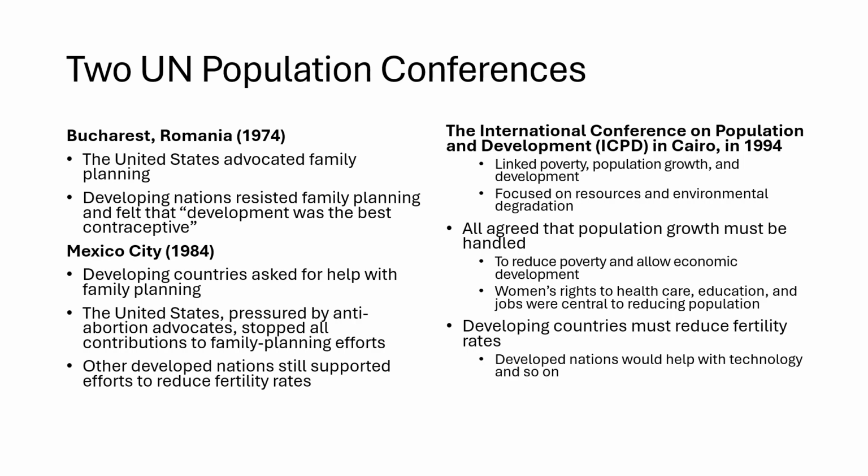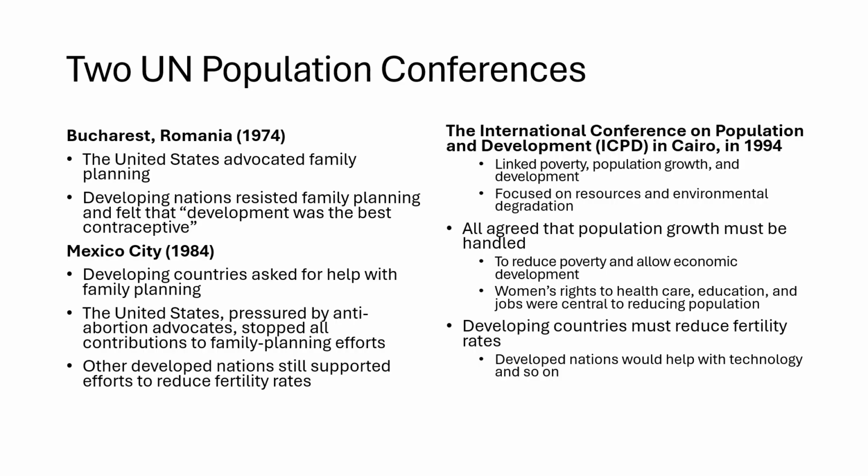Back then, the United States thought that family planning was probably the best option. And then in 1984, about 10 years later, other methods were proposed. Whatever choice nations were making, really the idea was to reduce the fertility rates.